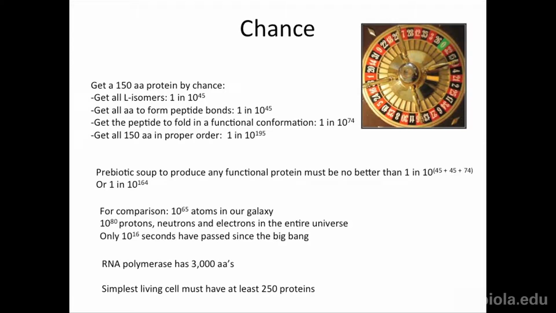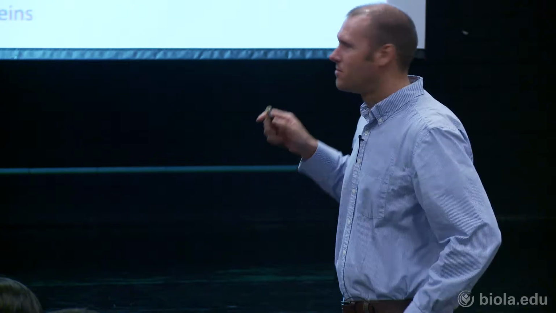The simplest cell we can think of possibly making: if you took Mycoplasma genitalium and started throwing out proteins that probably don't have to be there to just survive, we think the simplest cell could probably be narrowed down to maybe 250 proteins. So think about the staggering numbers for just one 150 amino acid protein.